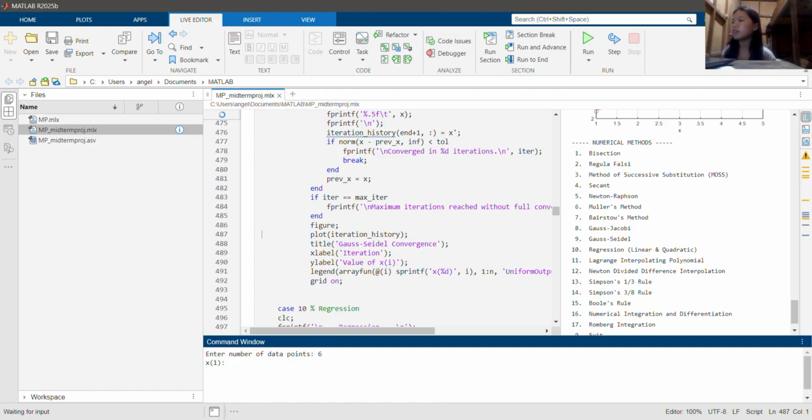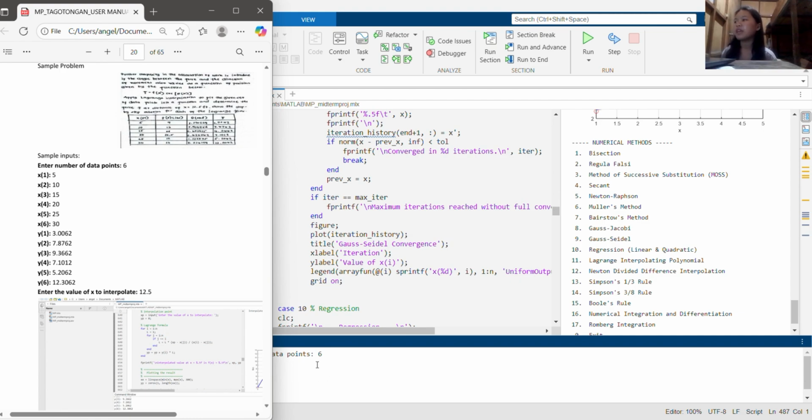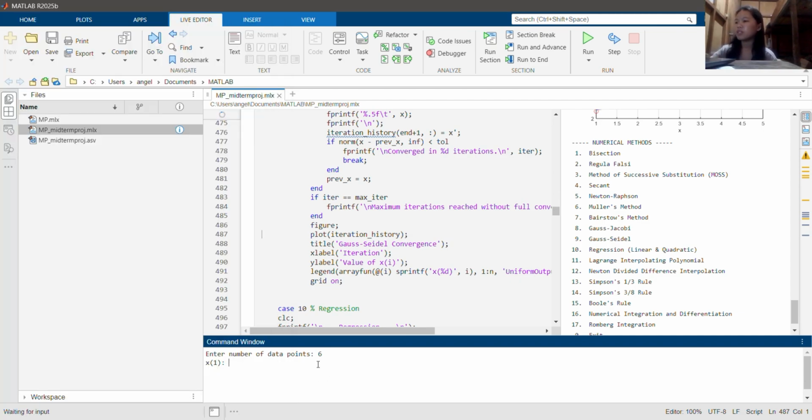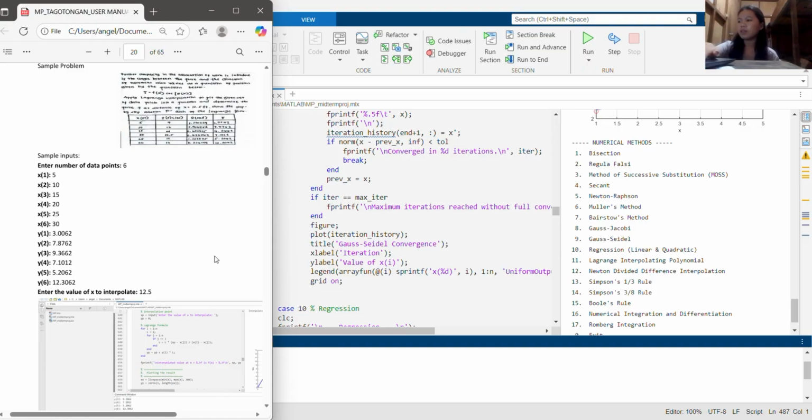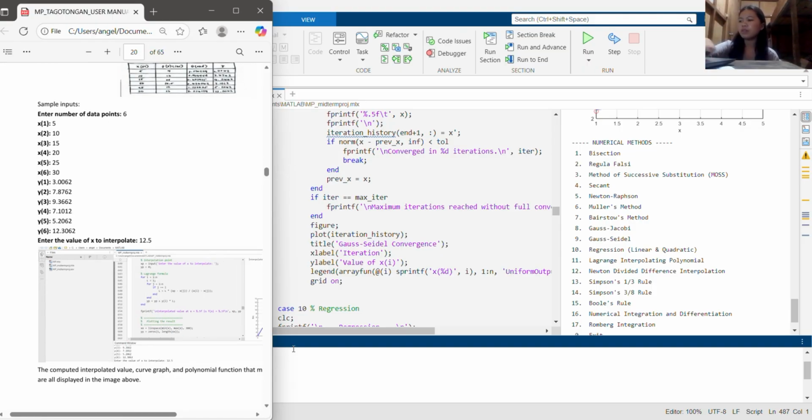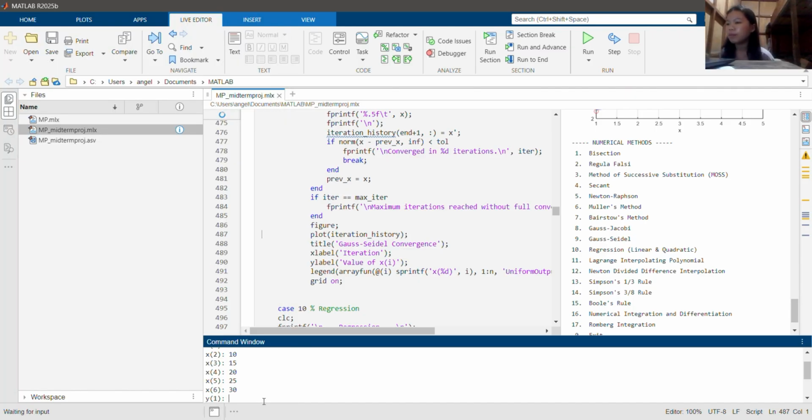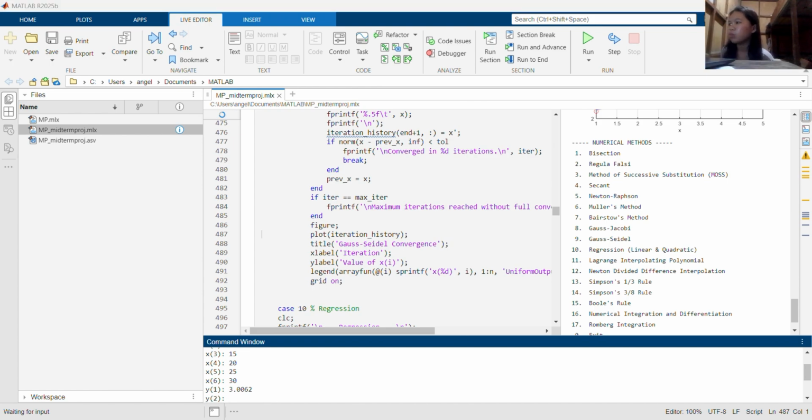Here, the program will ask again for the data points, which is 6, 5, 10, 15, 20, 25, 30, and then R1, 3.0062.